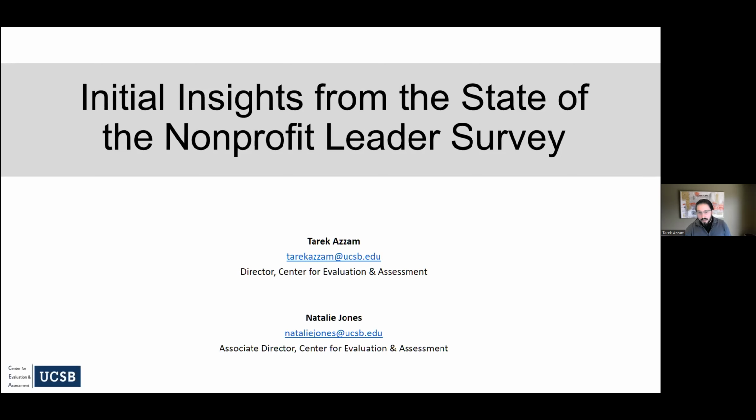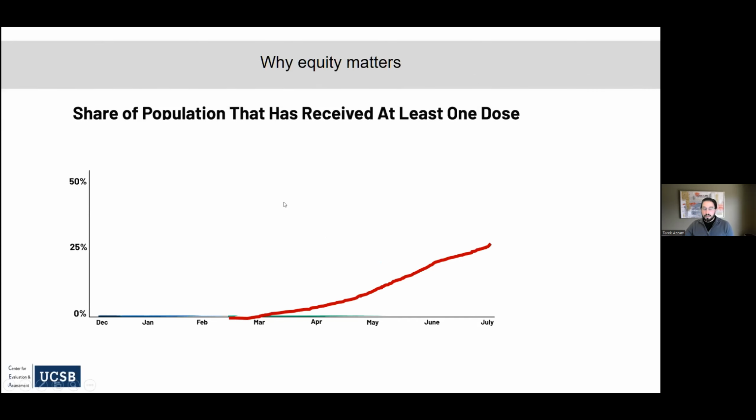So he started off by telling us that this is an approximation. This is not the exact slides. His outcome was actually infant mortality rates. But in this case, this is based on approximately real data. We are often presented with simplified versions of what's happening in the world, which is, in this example, the share of the population that has received at least one dose of the COVID vaccine.